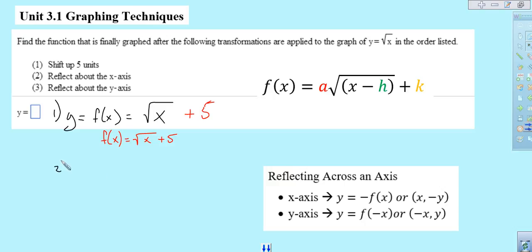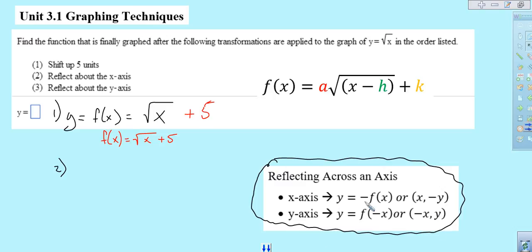Okay, so number 2, I want to reflect over the x-axis. We have 2 new rules down here. You need to add this to your notes, to your reference. The rules are, if you have a reflection over the x-axis, then the one that I want you to remember, probably the most valuable, is this one.